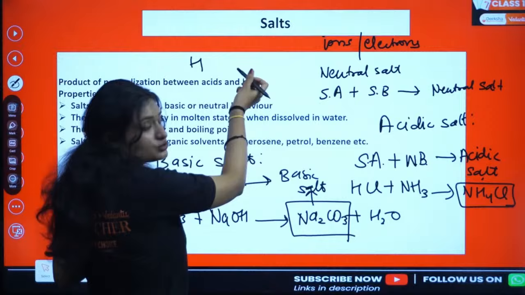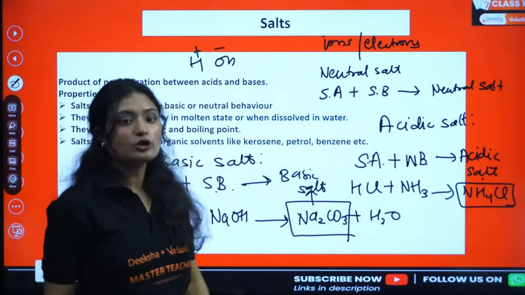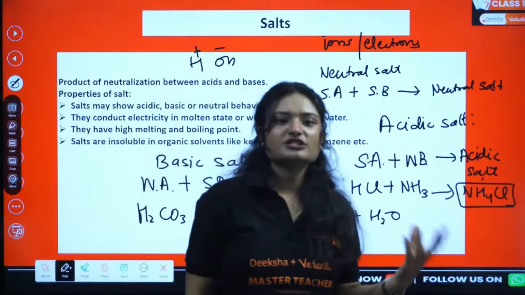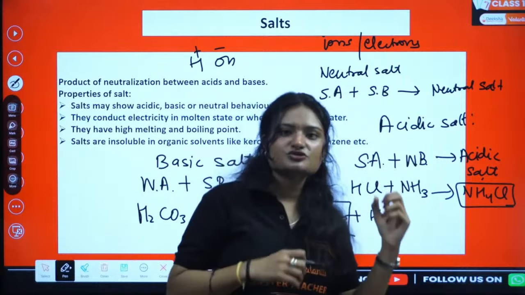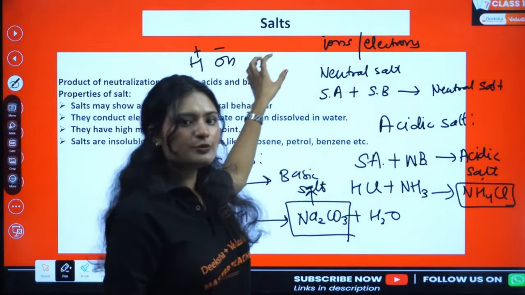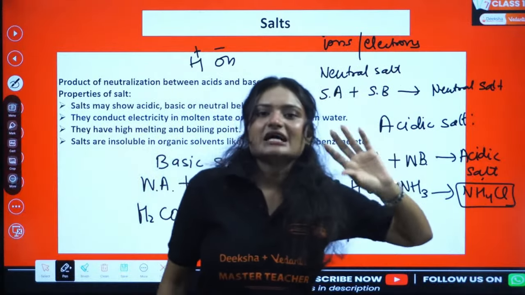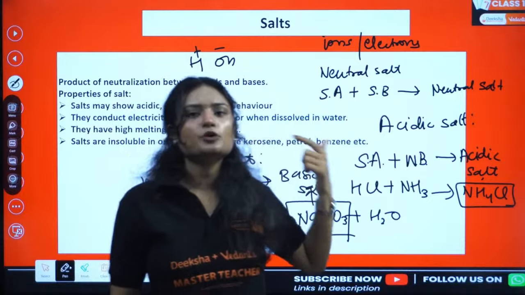For example, in H2O, the charge separation is like this. In water, H positive is there and OH negative is there, due to the electronegativity difference between hydrogen and oxygen. These are called poles, positive pole, negative pole. The solvents that have these poles in them are called polar solvents.